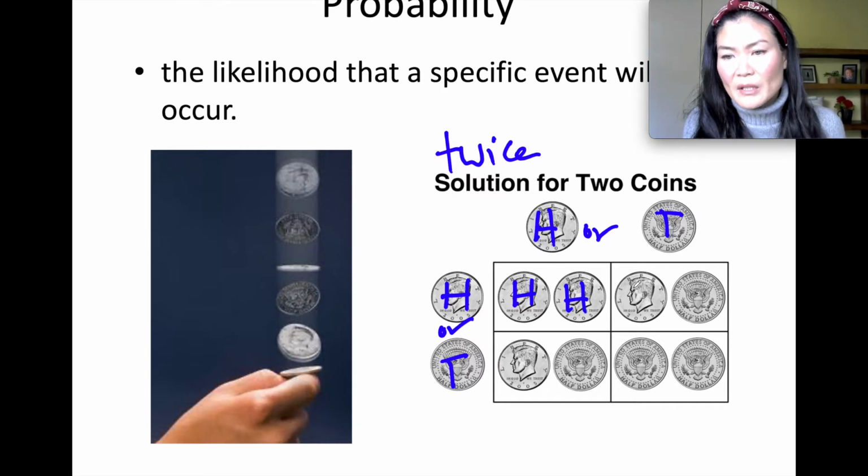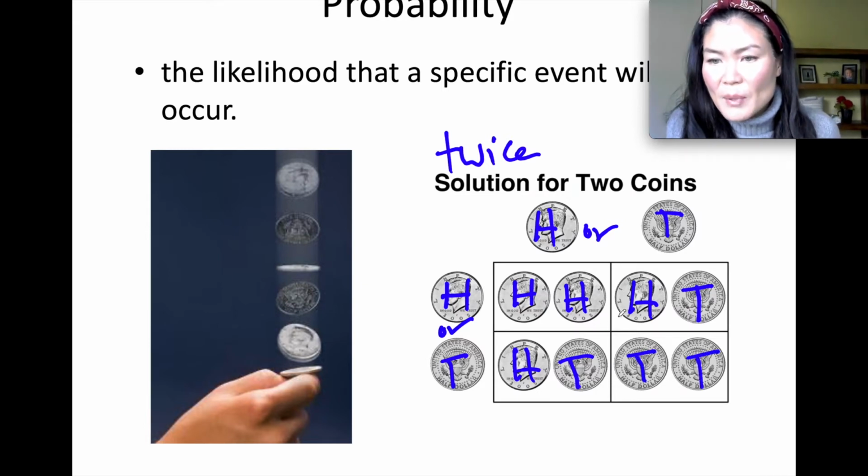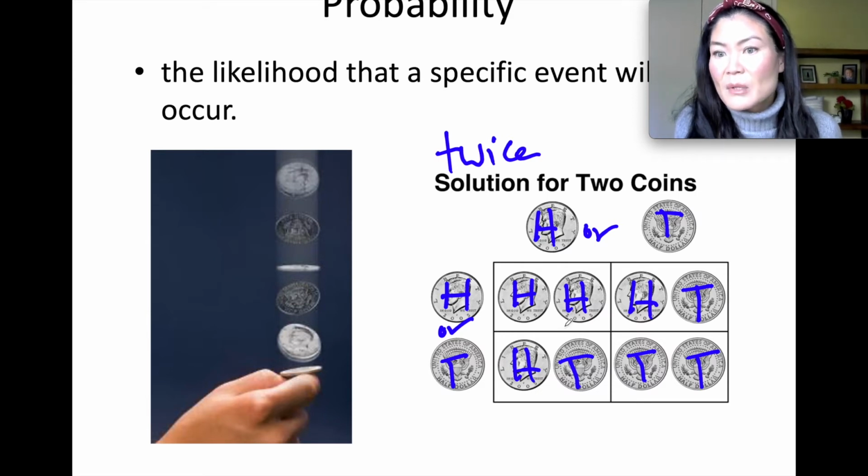What is the probability that you're going to get heads and tails? So this heads is that one. And then what is the probability of heads and tails? And then what's the probability of tails and tails? So in a Punnett square, what's going on in the little squares is the possibility of getting heads or tails.